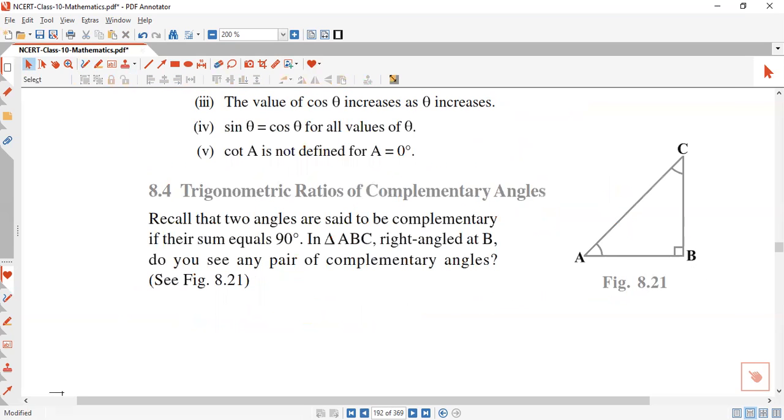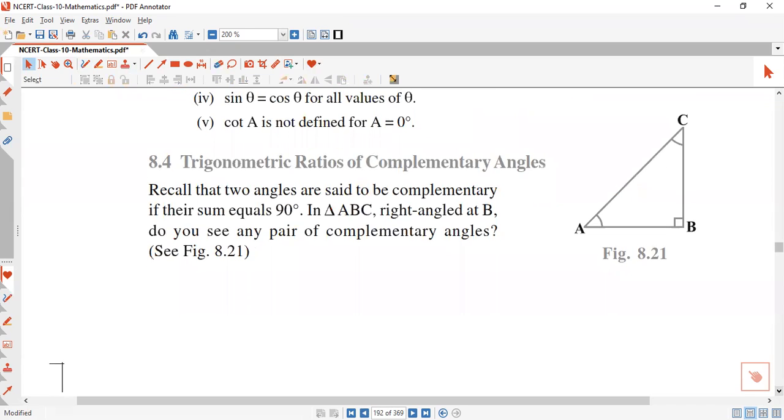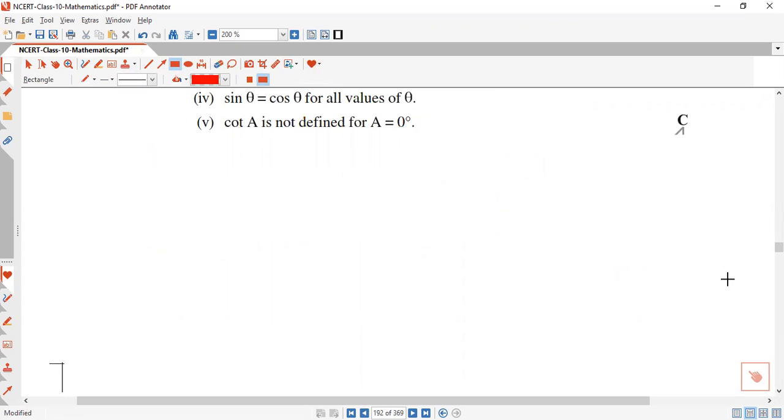Now the fourth part: sin theta equal to cos theta for all values of theta. No, this is a false statement.